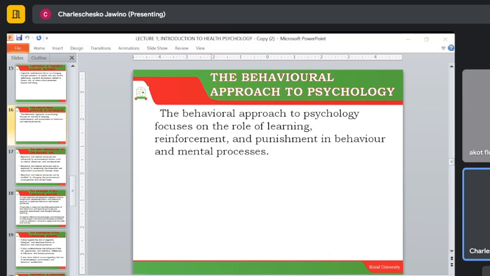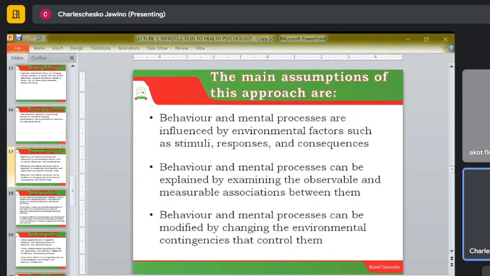When we try to get the assumptions of this approach, the behavioral approach assumes that behavior and mental processes are influenced by environmental factors such as stimuli, response, and consequences. What you set up for the environment, it assumes that such environmental factors so much influence an individual's behavior.